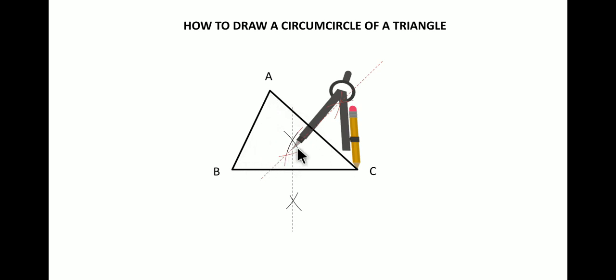So here I have selected vertex C. You can check whether the same radius will touch vertex A and B or not. If it touches, then your construction is correct.